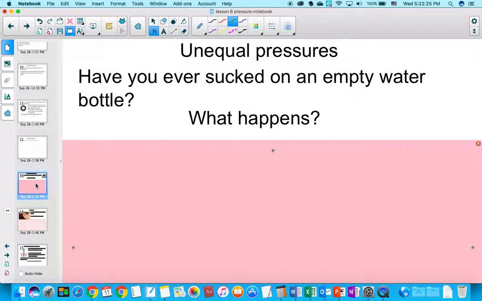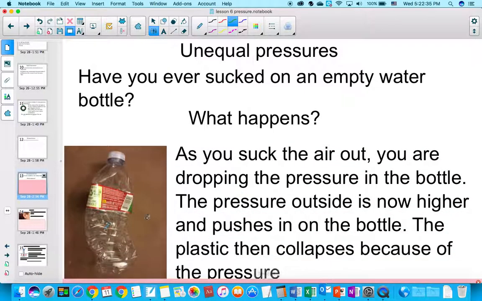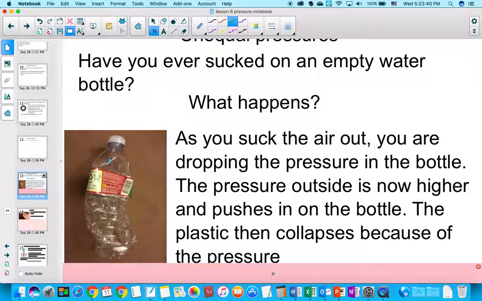Unequal pressures. So have you ever sucked on an empty water bottle? What happens? Well, as you suck the air out of the water bottle, you are dropping the pressure. There's not as much air inside the bottle as there is outside the bottle.